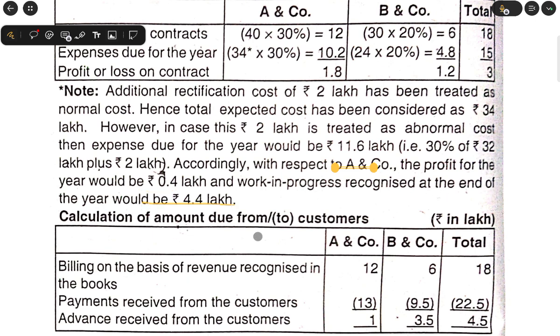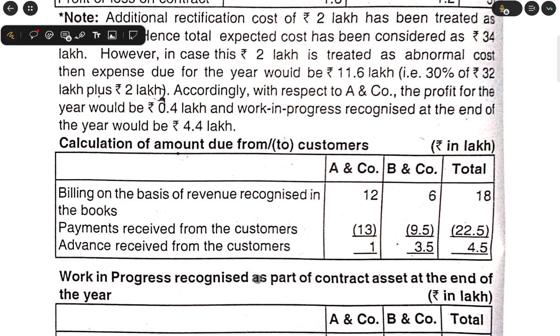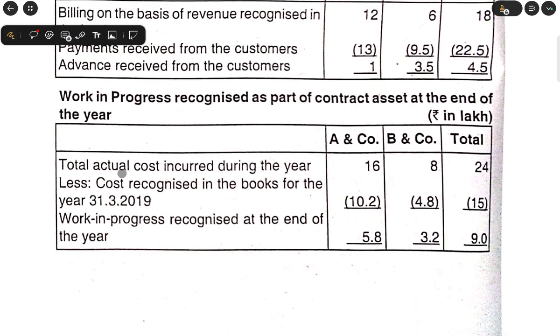Computation of the amount due to customer. Billing on the basis of revenue is 12, 6, 18, but received 13, 9, 22. So asset advance 1, advance 3.5, total 4.5 advance. Work in progress: actual cost incurred is 16, 8, 24. Less: recognized in the books, 10, 4, 15.